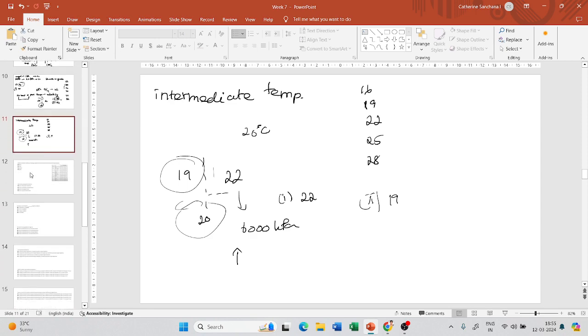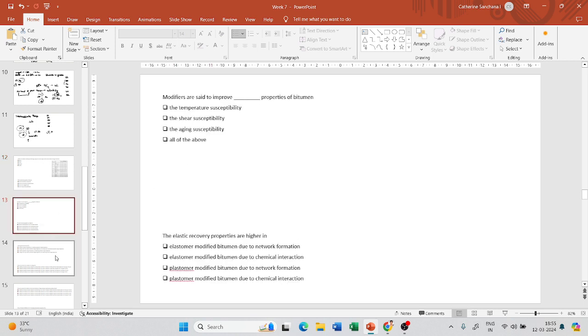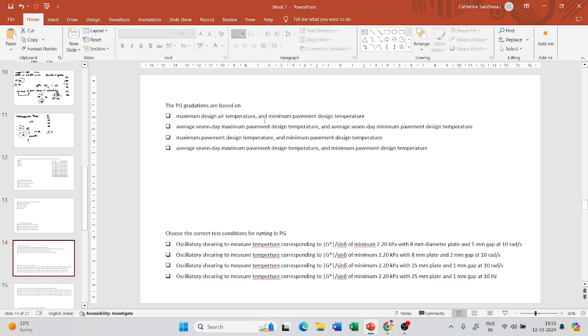Now moving to the next question. Addition of all this is with respect to modifiers. We'll come to this at the end. So the PG gradations are based on maximum design air temperature. Now you have two values, right?